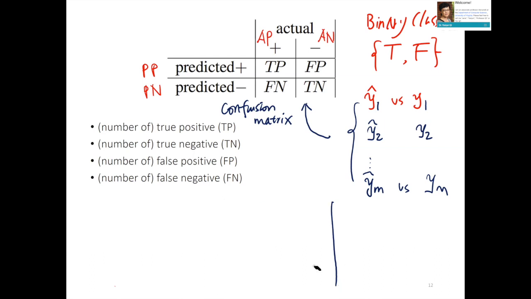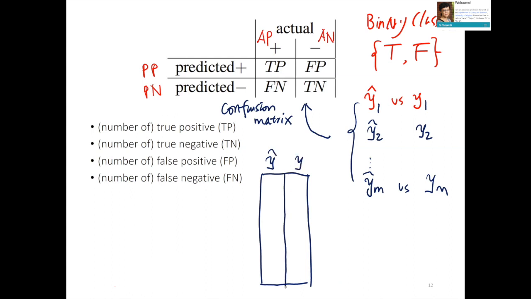You can write down y hat and y, just treating them as two lists. If y hat is positive and y is also positive, your true positive count goes plus 1. That's the true positive number.